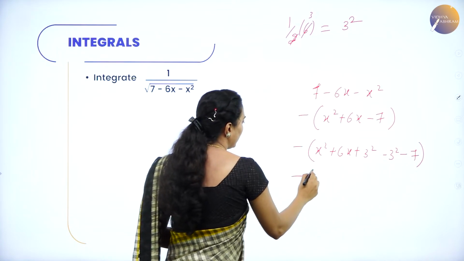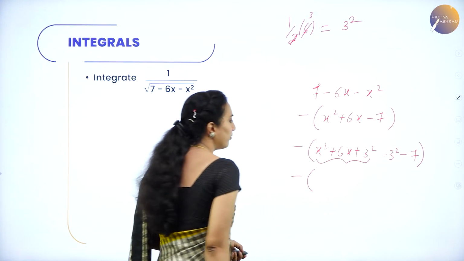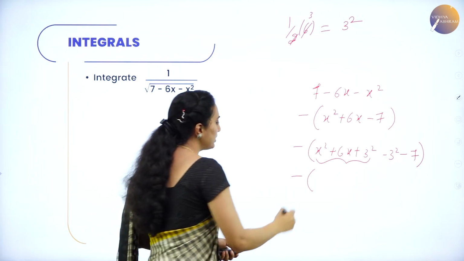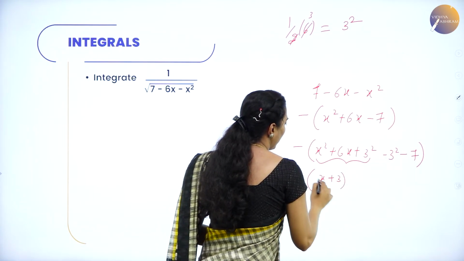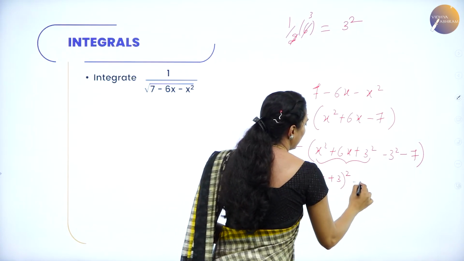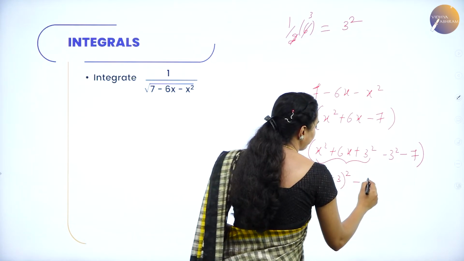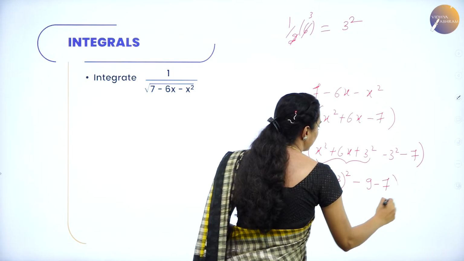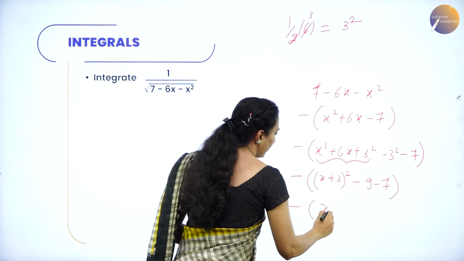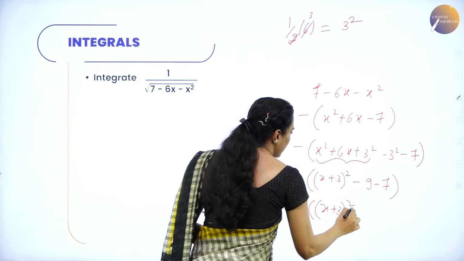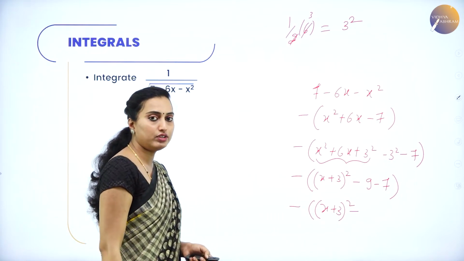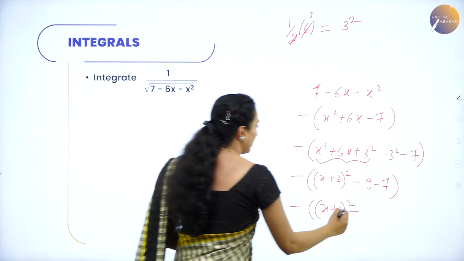Now you are getting this in the form of (a plus b) whole squared, which is (x plus 3) whole squared. So here minus 3 squared minus 7, which is minus 9 minus 7. So you are having minus of (x plus 3) whole squared minus 9 minus 7. You are going to get it as minus 16.